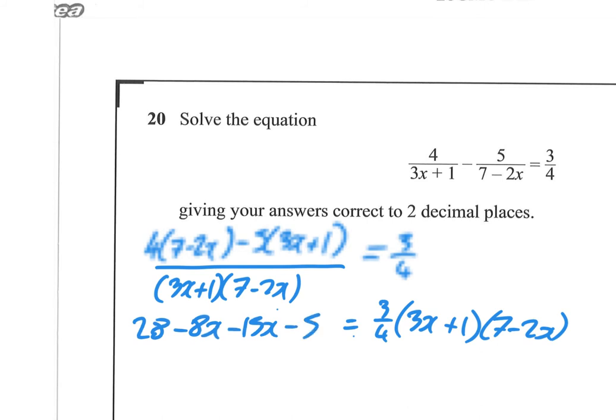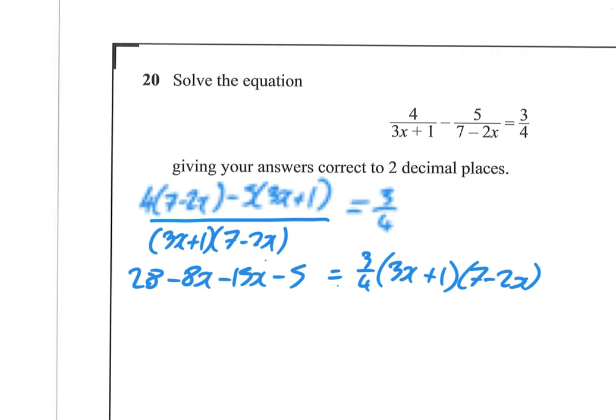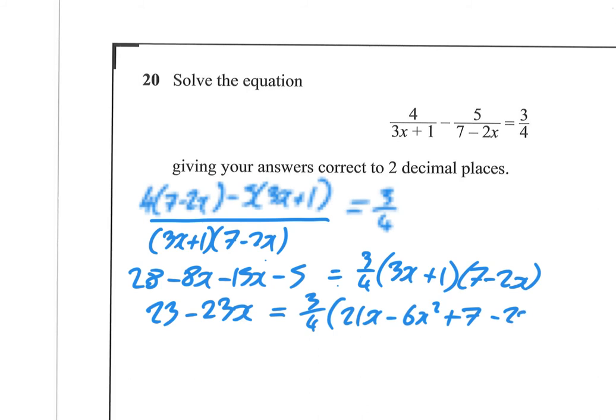So we can then tidy up our left-hand side first of all. What's that going to be? We're going to have 23 minus 23x, and then is equal to still 3 over 4. And then we'll multiply this out. You'll have 21x minus 6x squared plus 7 minus 2x. And then we'll multiply across by this 4 now. It can come across.